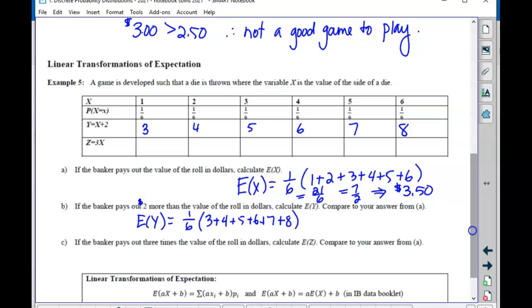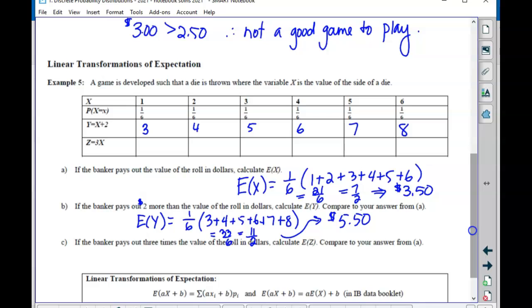$15, $20, $33 over 6, which is 11 over 2, which is $5.50. Notice how the banker was paying out $2 more for the roll on the die.